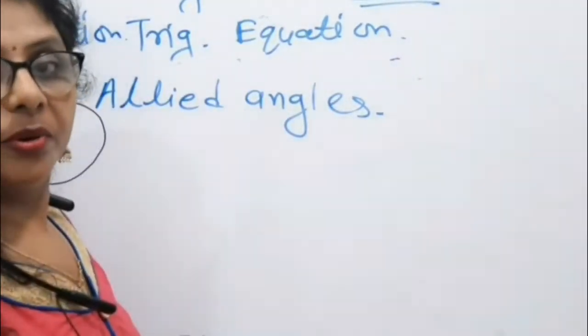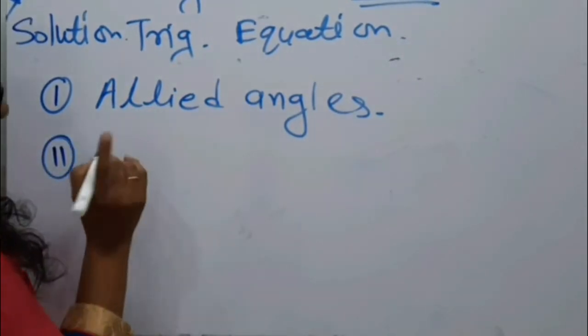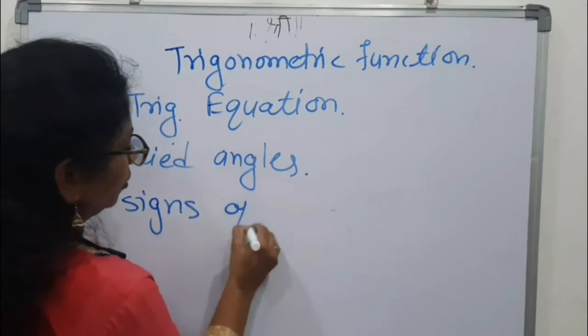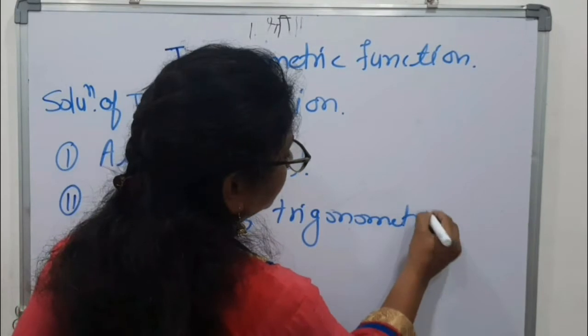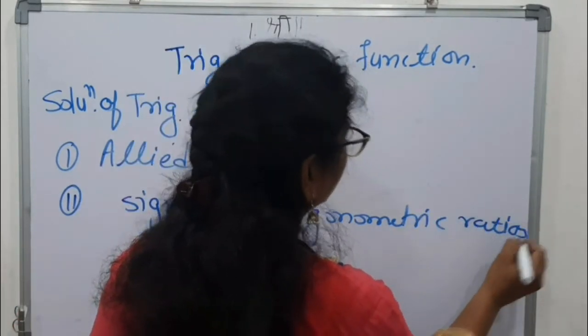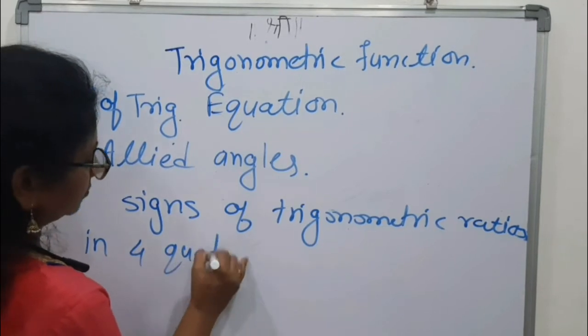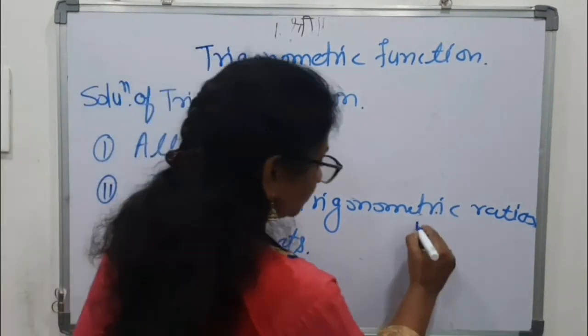And the second important point to find the principal solution is we should know the signs of trigonometric ratios in the 4 quadrants. So we will see this also.